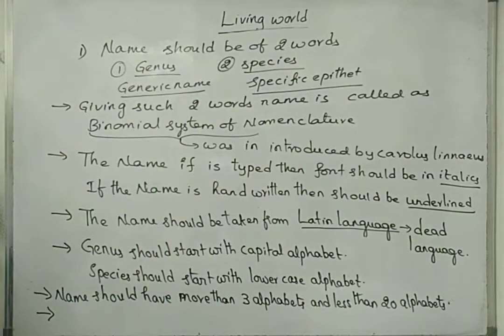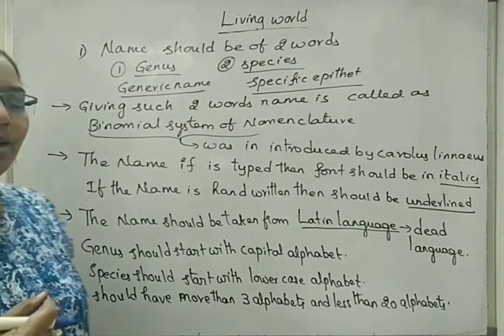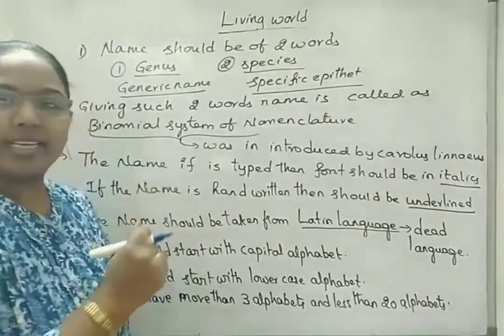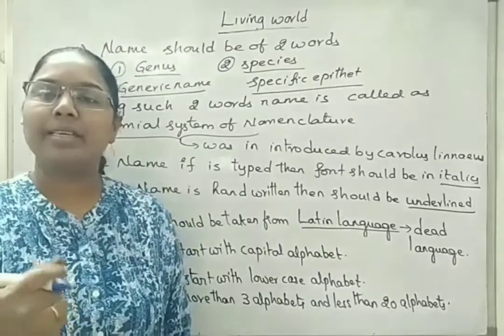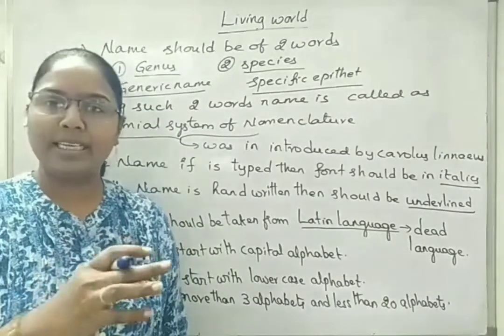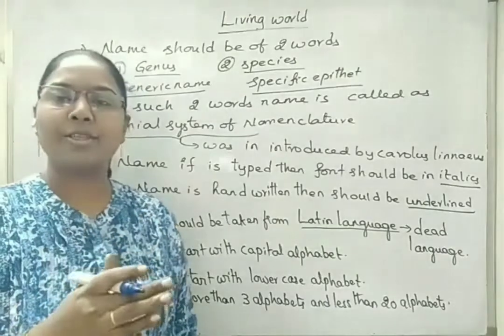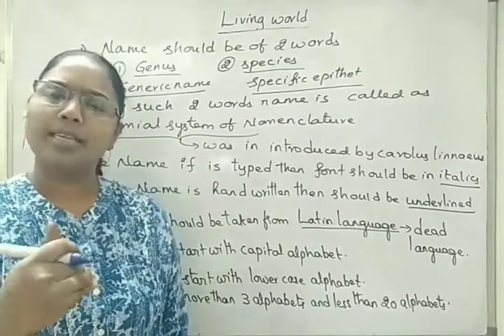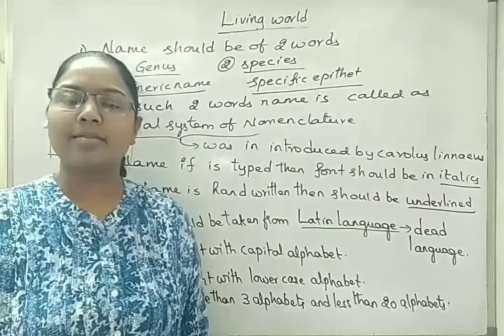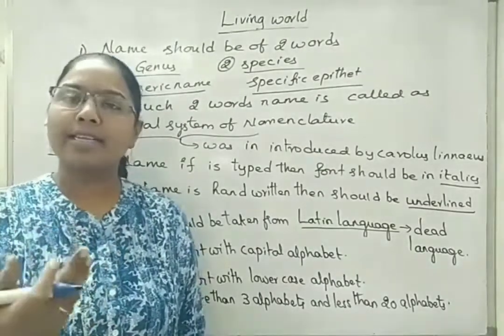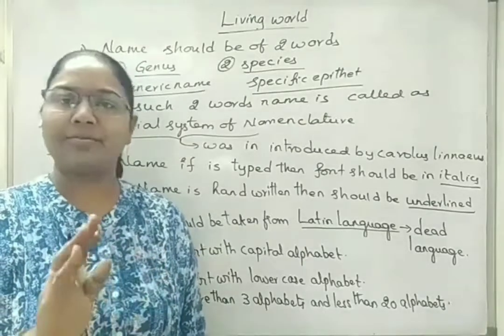The last rule was given on priority of the person who gave that name, as per the rule given by all the organizations that I have written previously. Like if a person is the first person to name that organism, that organism may be newly discovered or already existed, then there was a priority of adding his name at the end of the scientific name.